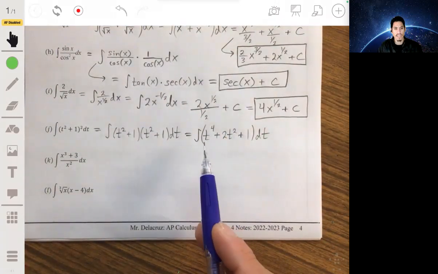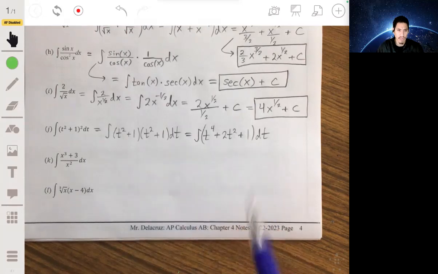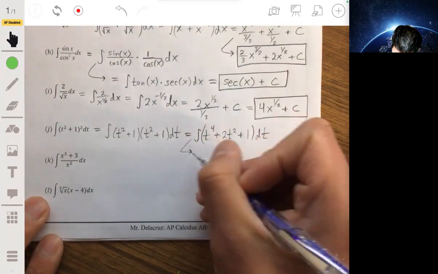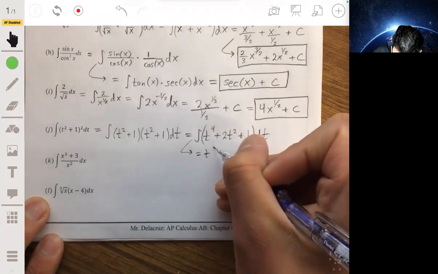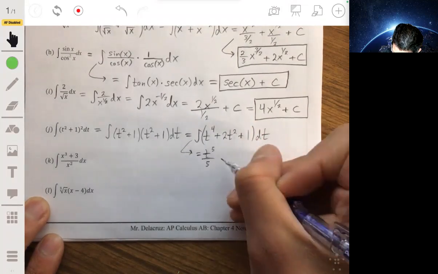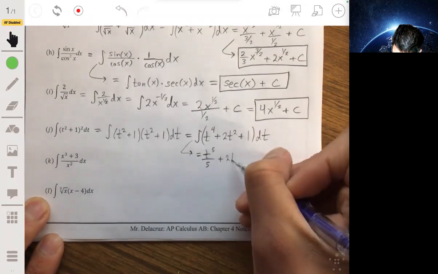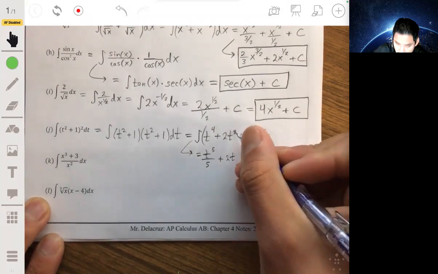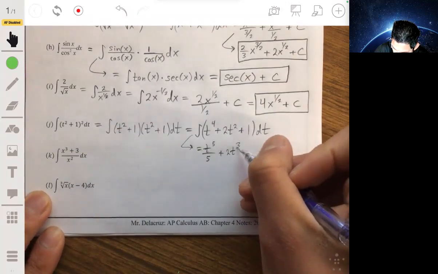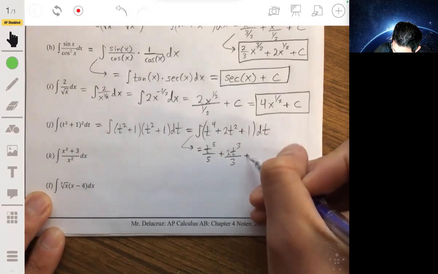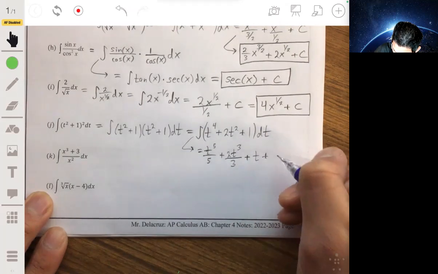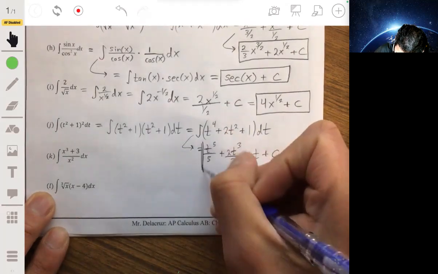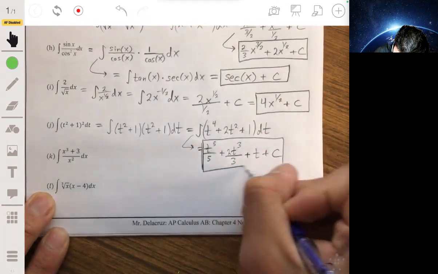Then from here, you can just integrate term by term. Adding 1 to the exponent, t to the 5th over 5 plus 2t to the 3rd over 3 plus t plus c. And there you go.